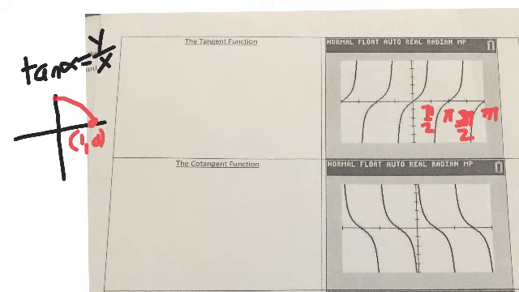But then what happens here? Well, when I get to a 90-degree rotation or a pi over 2 rotation, if I think about this as being y over x and plug it in, I get 1 over 0, which is undefined. In that homework, we had different rotations that gave us undefined values. When I get something that is undefined, that is going to be represented by a vertical asymptote on my graph.